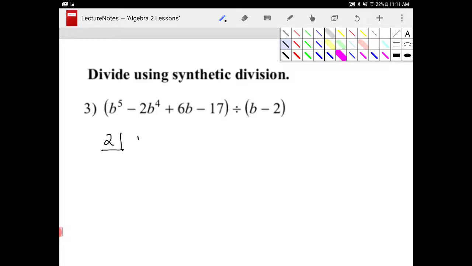So this is going to be 1, -2, then 0, because there's no b to the third, and there's also no b squared. So 0, and then 6, and then -17.